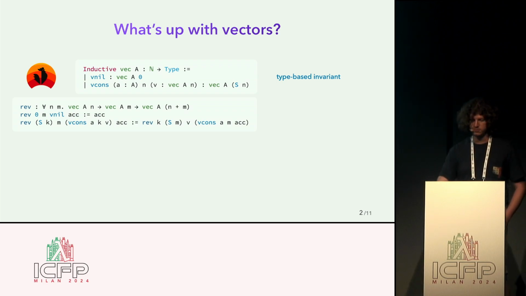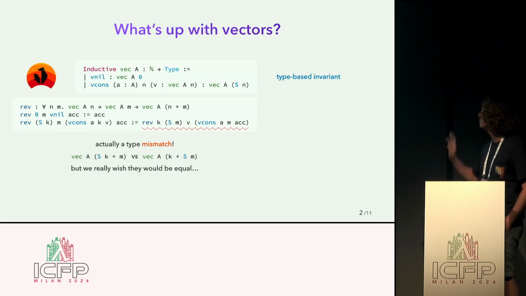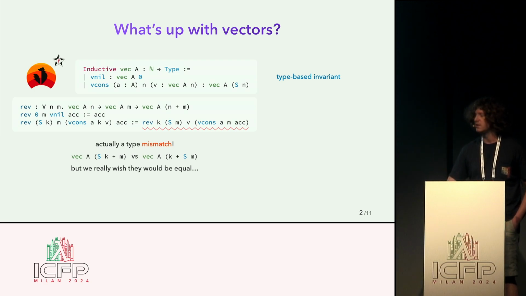I spare you the details, but essentially if you write this, then you will end up with a type error because of something very annoying, that you have something of length k plus successor of m, while say Coq would like to have something of length successor of k plus m. And well, if you're like me, you think that they should be the same thing because, well, they are, but they're not definitionally equal, so you get an error.